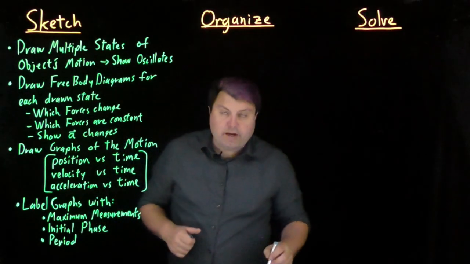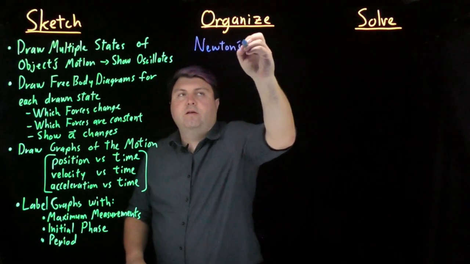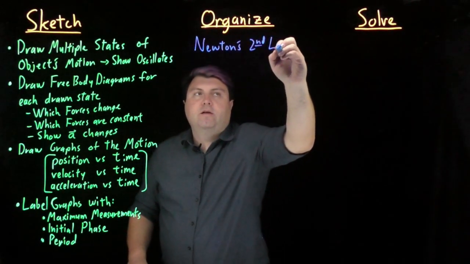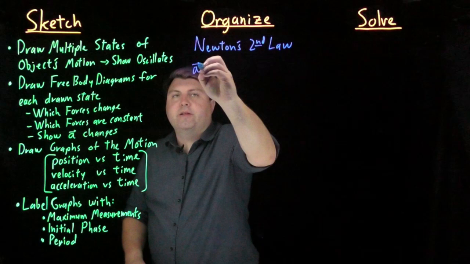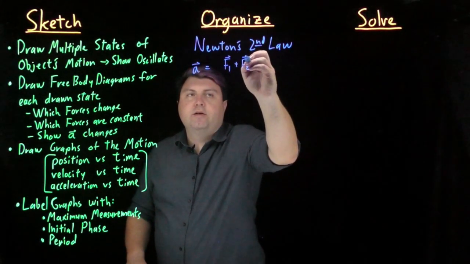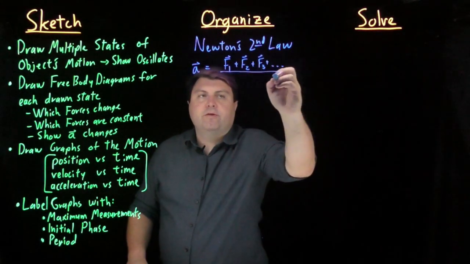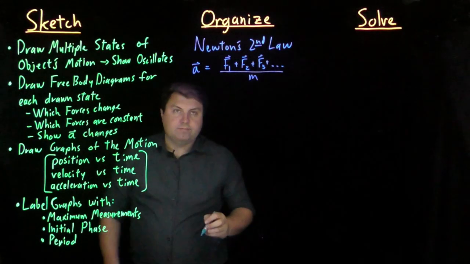In our organize step, we're going to start with Newton's second law again, that our acceleration is force 1 plus force 2 plus force 3, and so on and so forth, over the mass.